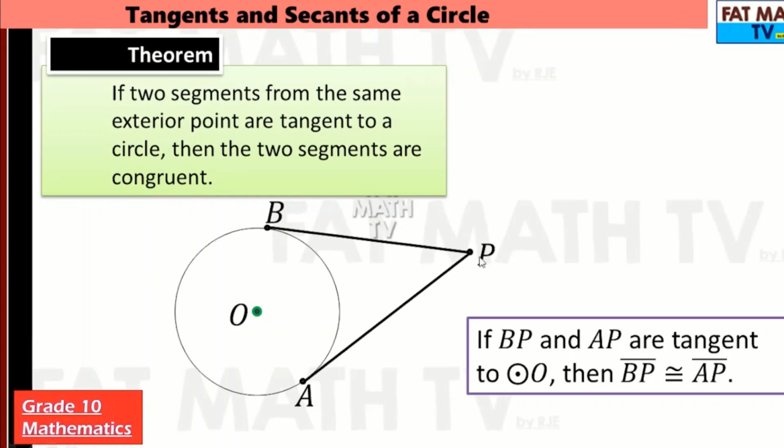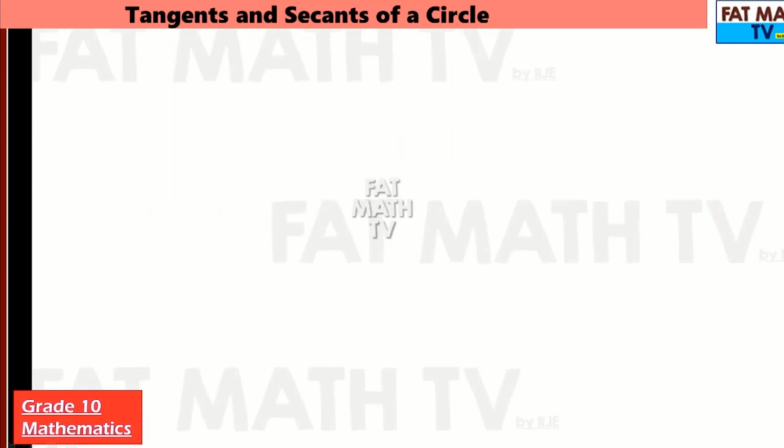These are PB and PA. So if these two segments from the same exterior point P are tangent to this circle O, then PB is congruent to PA. So BP is congruent to AP, or their measures are equal.